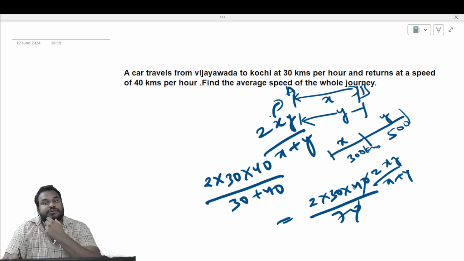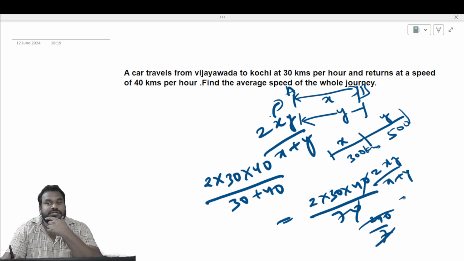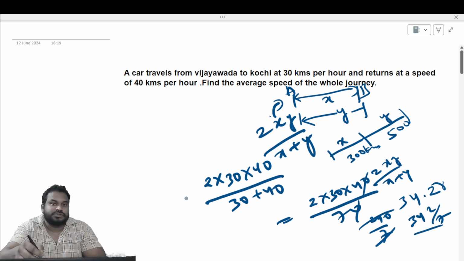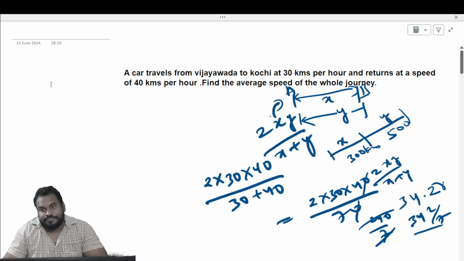So 2400 by 70, that is 240 by 7, and 20, so 34 2 by 7, or else 34.28, or else 34 2 by 7, you can write it anyway. So depending on the options you have to choose.